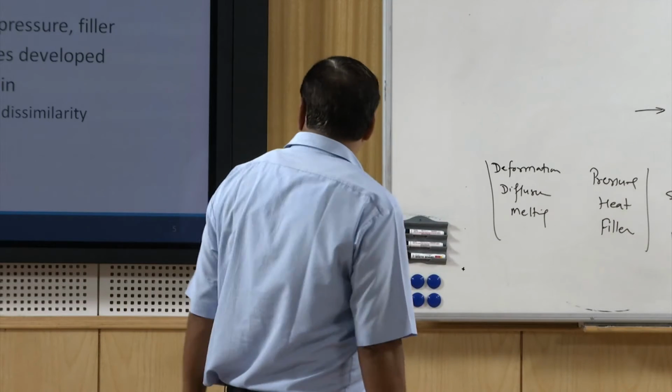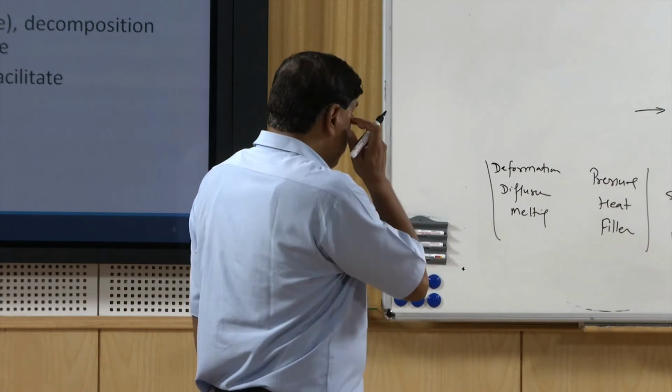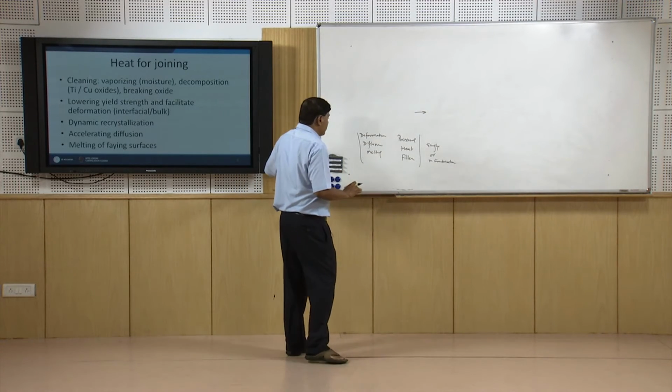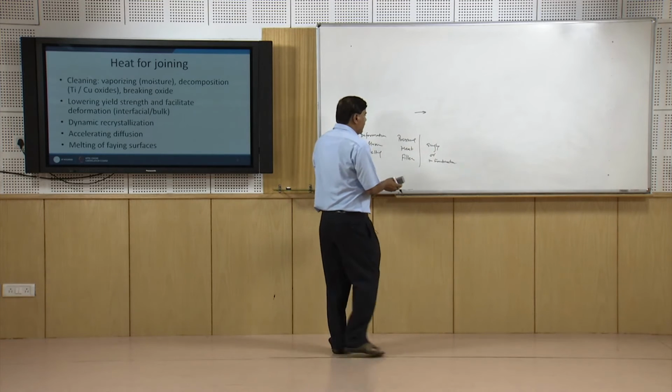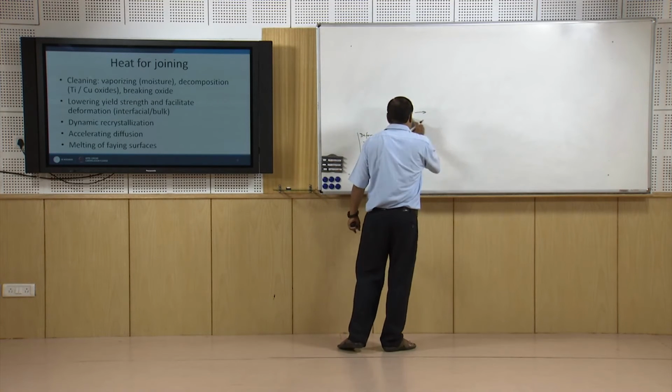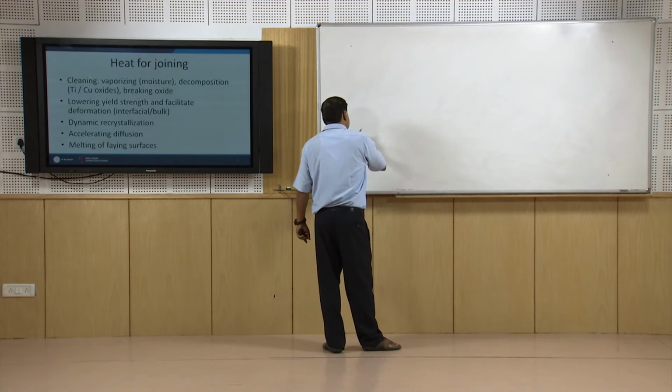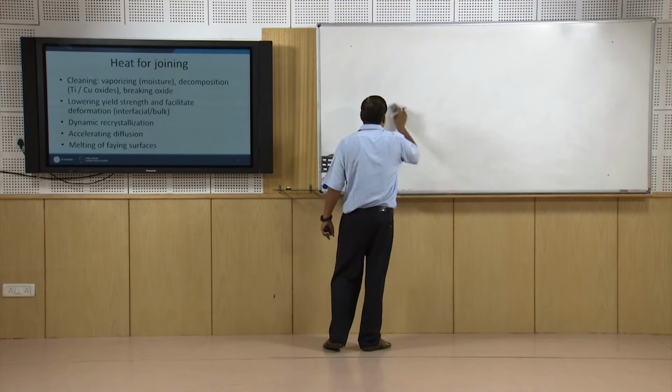Now we will see that the use of heat, filler and pressure is very crucial in joining, irrespective of the kind of process used. Wherever these three things are involved, what is basically the purpose?